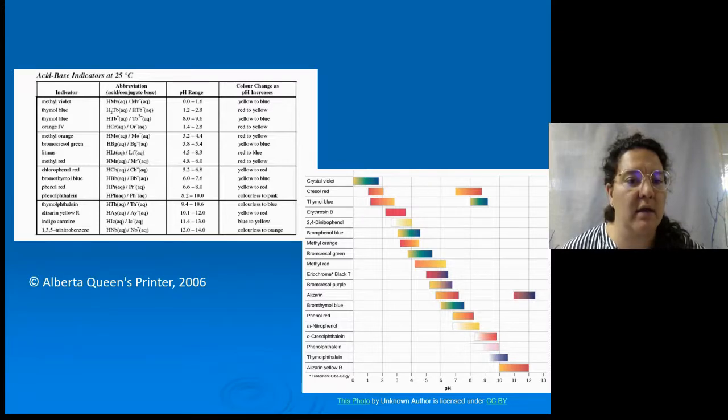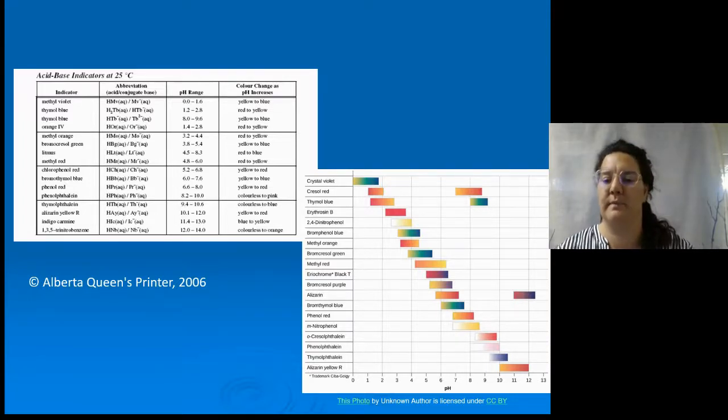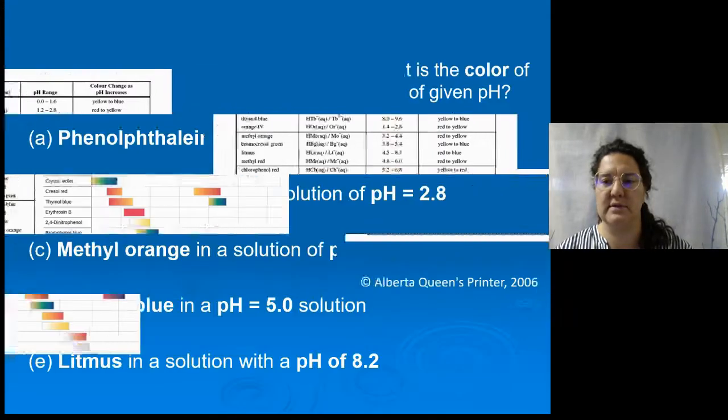And then bromocresol green goes from yellow to blue between a pH of 3.8 and 5.4. If we put an acidic solution into both methyl orange and bromocresol green, and it stayed yellow, we would assume that that pH was between 3.8 and 4.4. So when we're given the information, we can use that chart to determine a rough pH of those solutions.